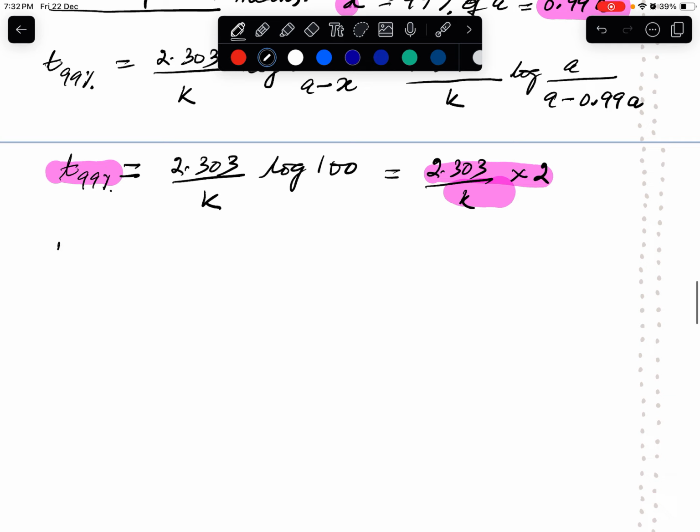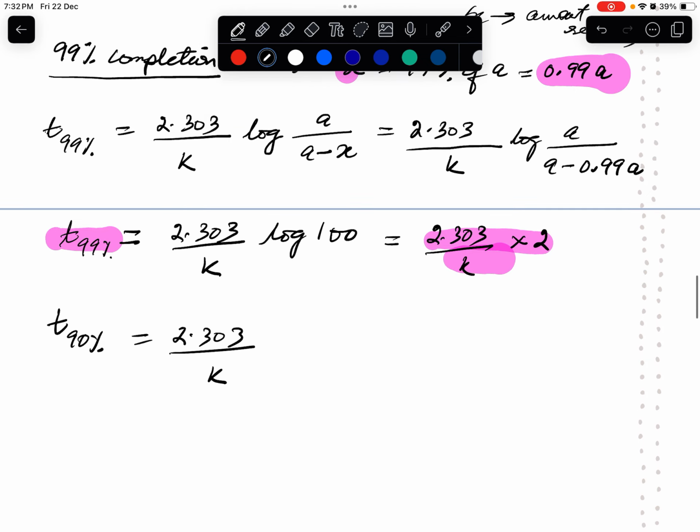Now we will calculate the time taken for 90% completion, which is equal to 2.303 divided by k. In the same manner, we write down the equation: log of initial amount a divided by the amount at a particular time, a minus 0.90 a. Here we write 90 because that is 90% completion.